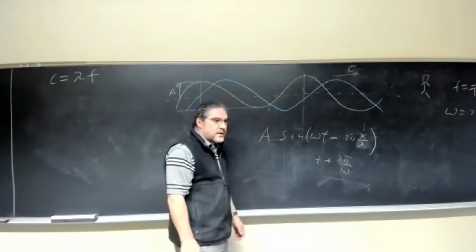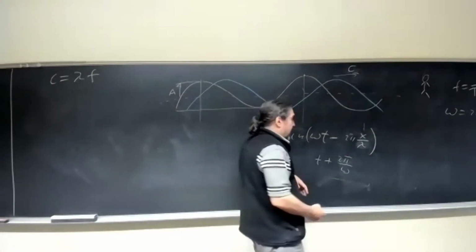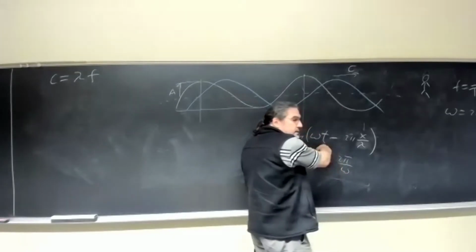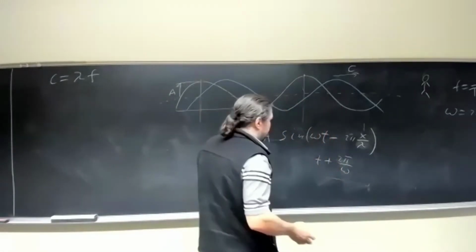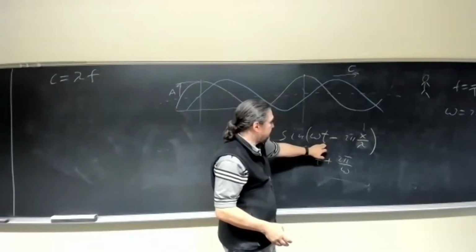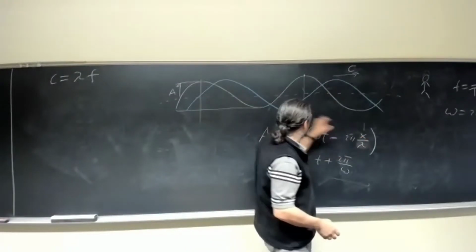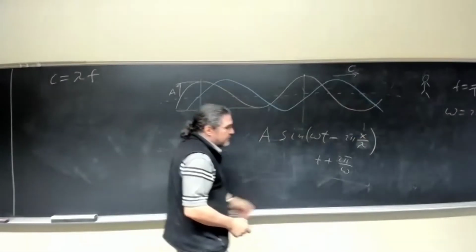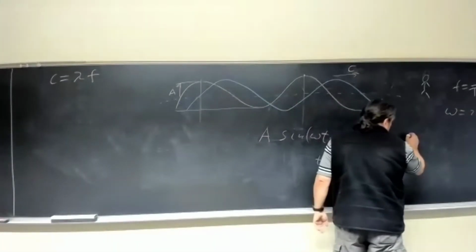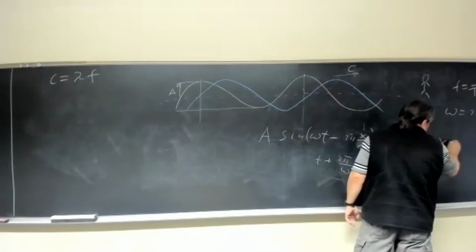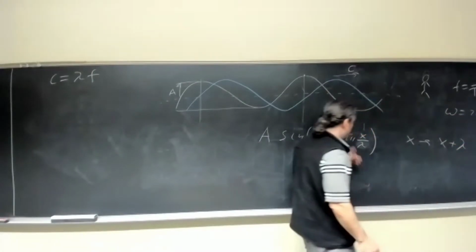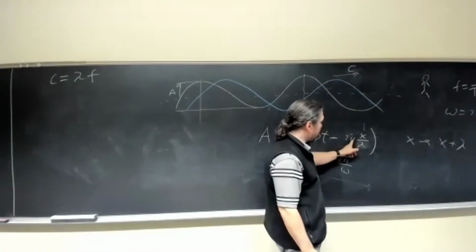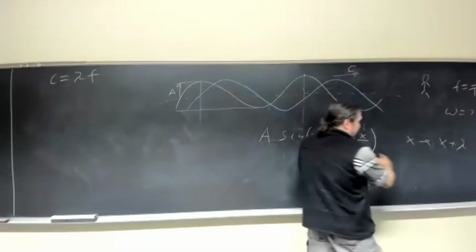Or I can tell a different story. I can say that I fix time. Remember, I'm taking sort of a photograph of it. So I fix time, and then I change at what position I'm observing. If I take x and add to it lambda, then that lambda will cancel this lambda.